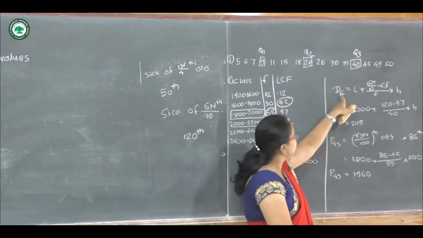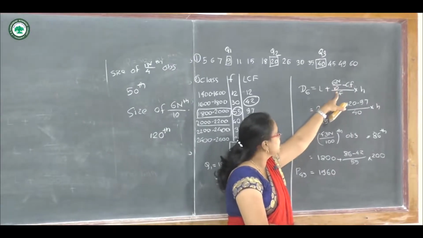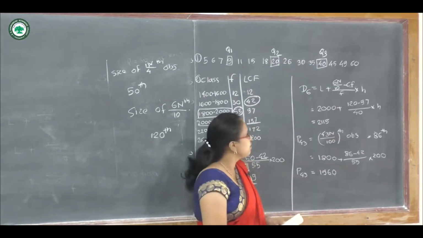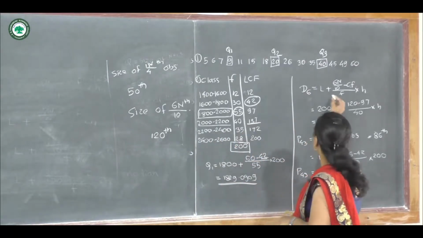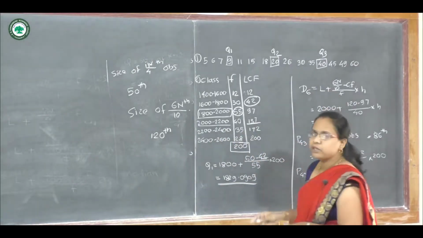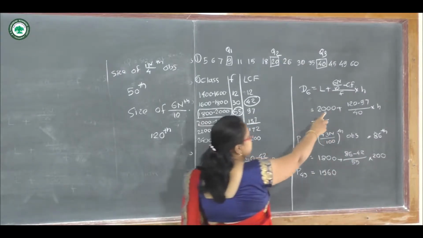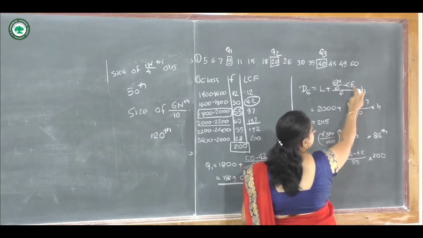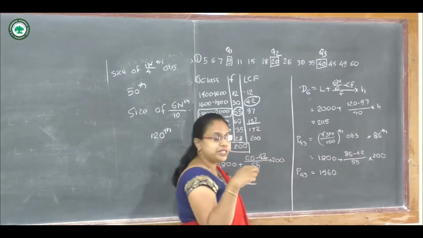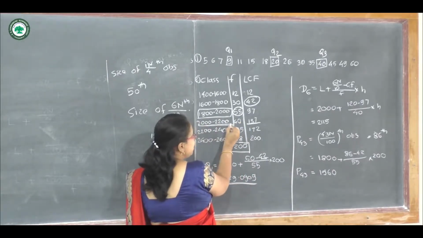Here I have calculated by the formula D6, which is L plus 6n upon 10 minus CF upon F, times the class width. L means the lower limit of the 6th decile class, which is 2000.